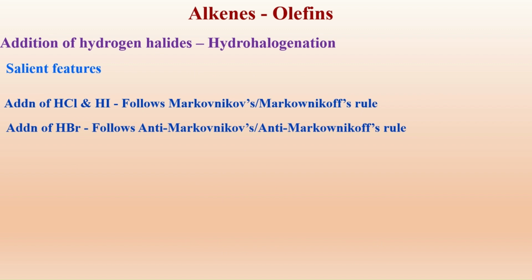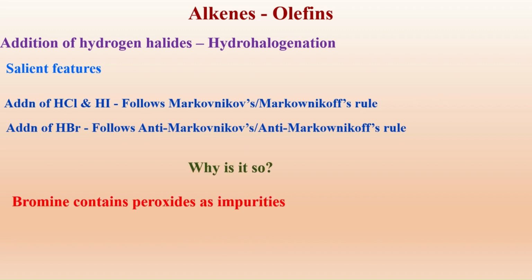What makes hydrogen bromide so special? Why does hydrogen bromide follow anti-Markovnikov's rule? When this was explored, it was found that the hydrogen bromide which we use and which is commercially available contains peroxides as impurities.